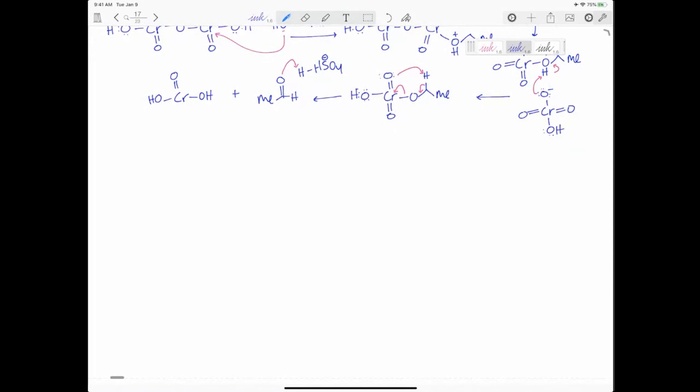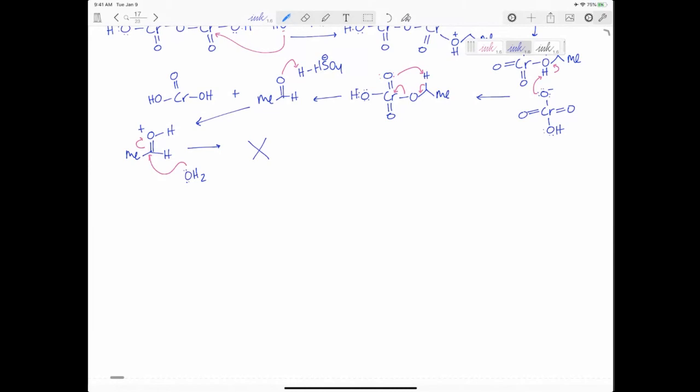Okay, let me just draw this right here. And then this is a positive charge. And now water is a good nucleophile. In this case, it's now going to come in and attack the carbonyl.